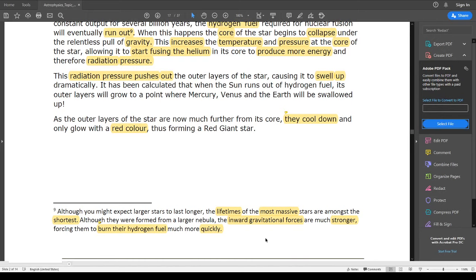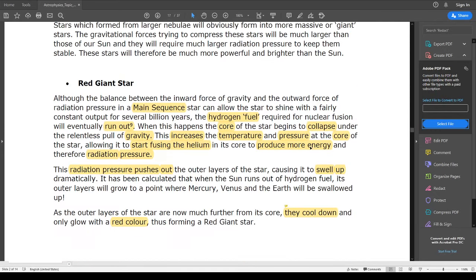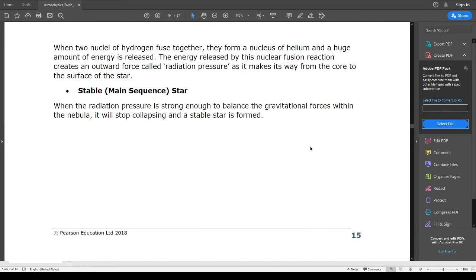You remember main sequence stars? A main sequence star is a stable star. When do we call a star a main sequence star? When the radiation pressure is strong enough to balance the gravitational forces.